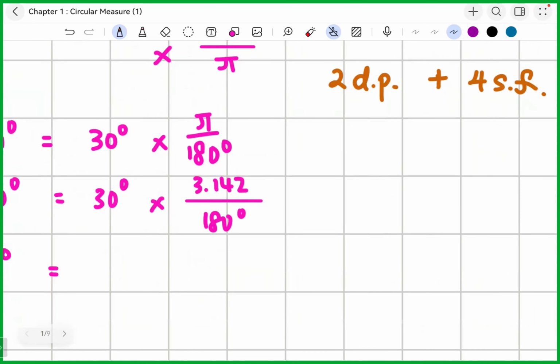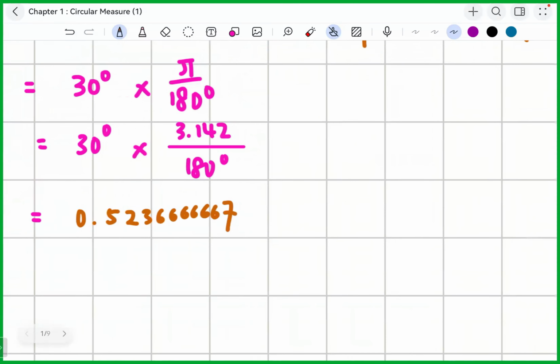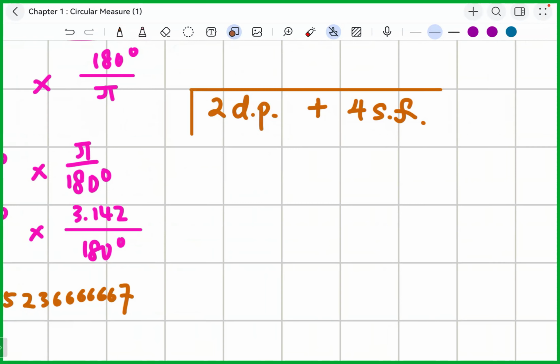The calculator gives 0.523666666667. We have to follow this rule, because if we do not, you will get no marks for your answer. This is the golden rule in maths: 2 decimal places plus 4 significant figures.